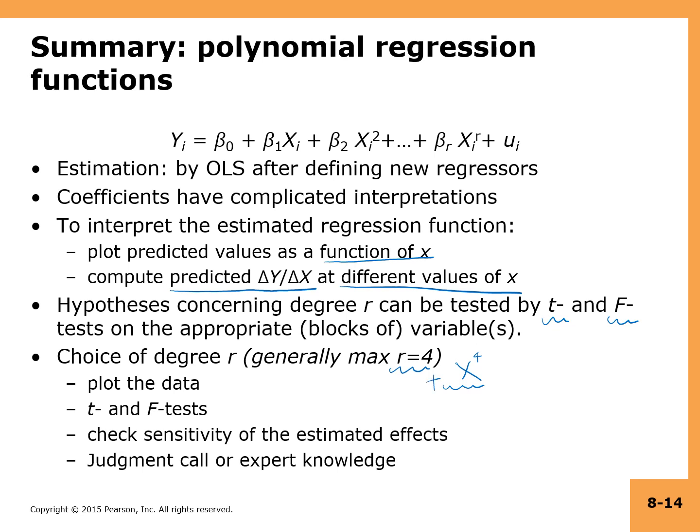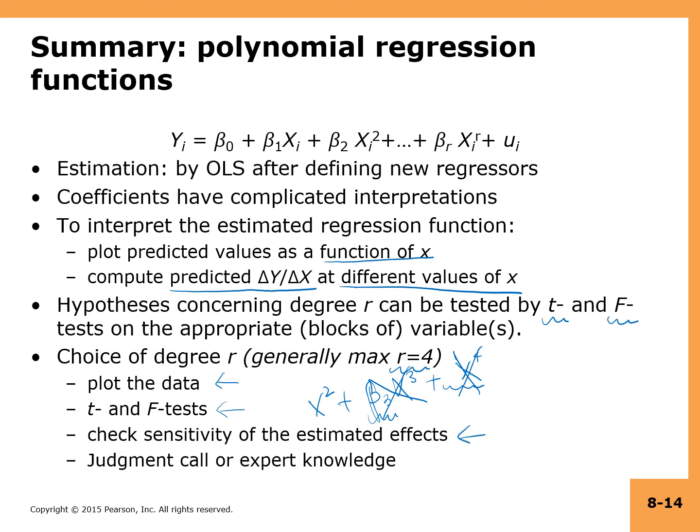But if it's not significant, then you can remove x to the 4th and then test if the coefficient for x to the 3rd, or the cubic term, is significant or not. And if it's significant, you can keep it. If it's not significant, remove it and then test x to the 2nd, and so on. So the way you decide which polynomial function to include is either by using the t-test or f-test. You can also plot the data and the function to see how well the function actually fits the data.